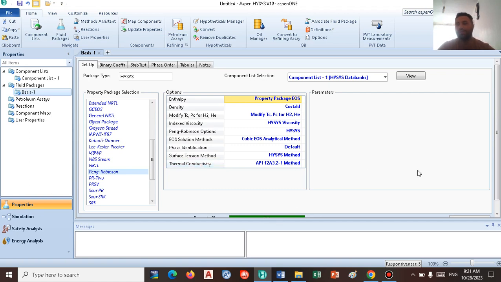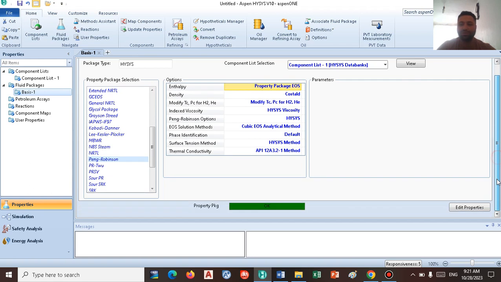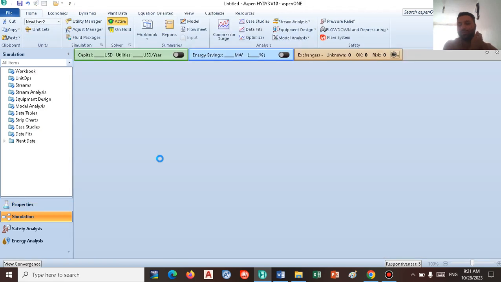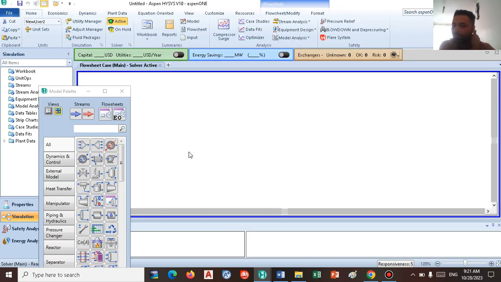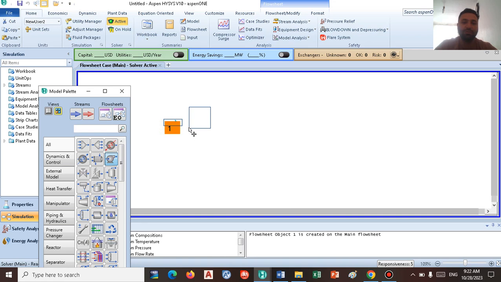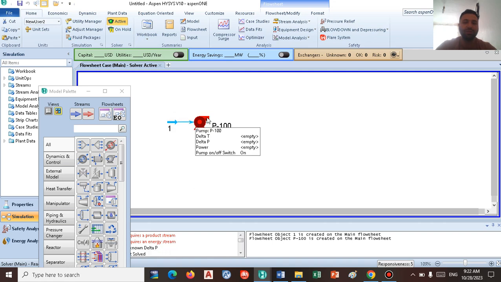The green tab shows that your selection is correct. At the next step, go to the simulation environment and insert a pump with an inlet stream and one outlet stream for the pump.